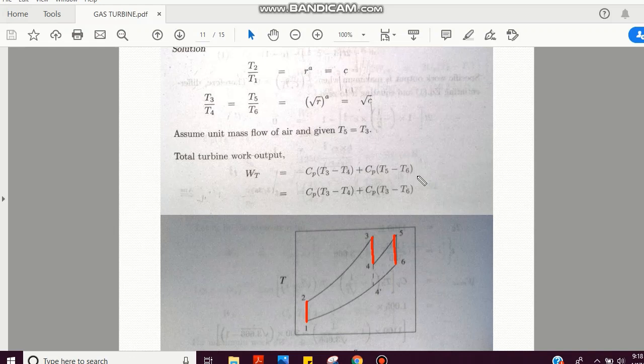By rearranging, instead of T5 we can write T3 minus T6, because the temperatures at 3 and 5 are the same.